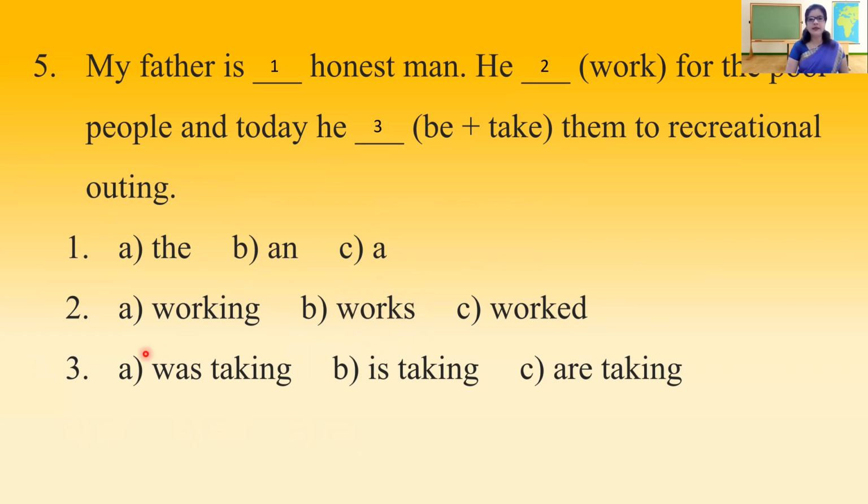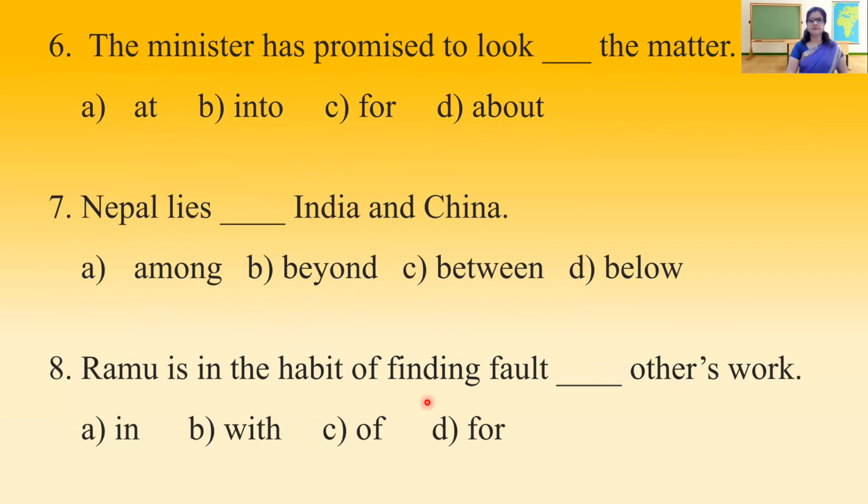And today he, be plus take. He is singular. He is taking them to the recreational outing. Is, take plus ing. Okay. The minister has promised to look dash the matter.